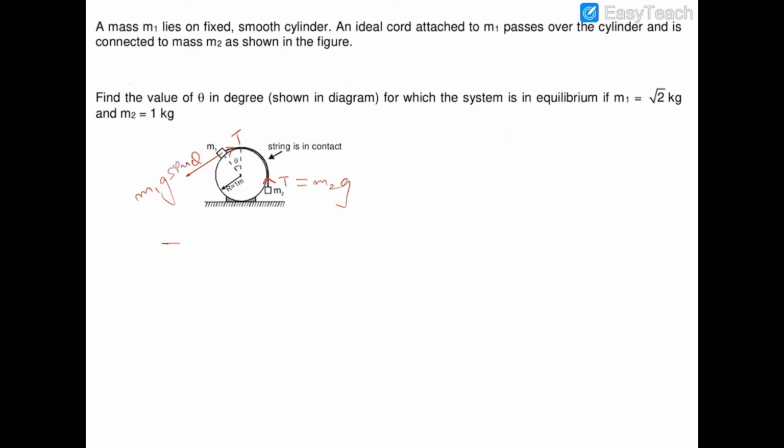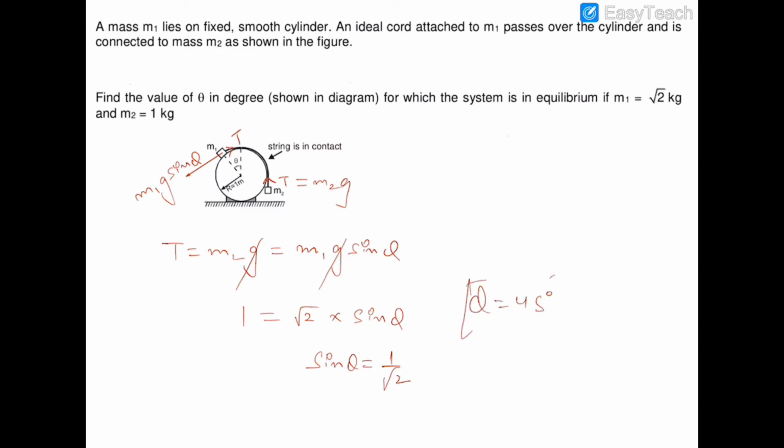So T equals m2g as well as m1g sine theta, and cancelling g, with m2 equal to 1 and m1 equal to root 2, sine theta will be 1 by root 2 and therefore theta will be 45 degrees.